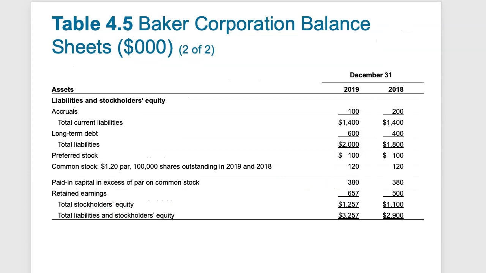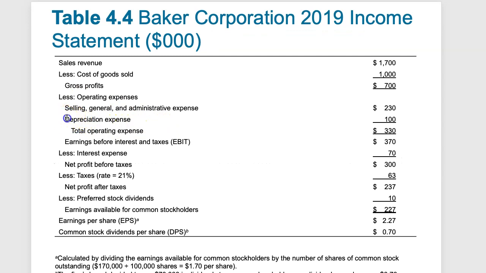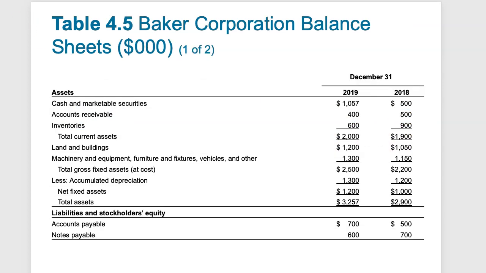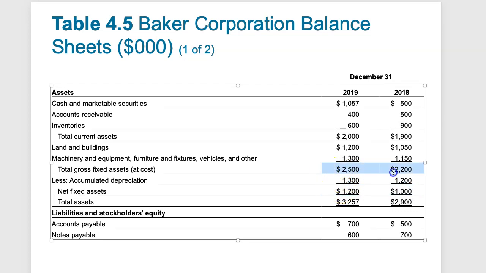When we go to the income statement up here, we're going to reflect that $100 of depreciation expense, which increased our expenses. But further on in the balance sheet, we're going to ignore this accumulation here, which would be reflected in the net fixed assets. We're going to focus only on the gross, which is the $300 difference.